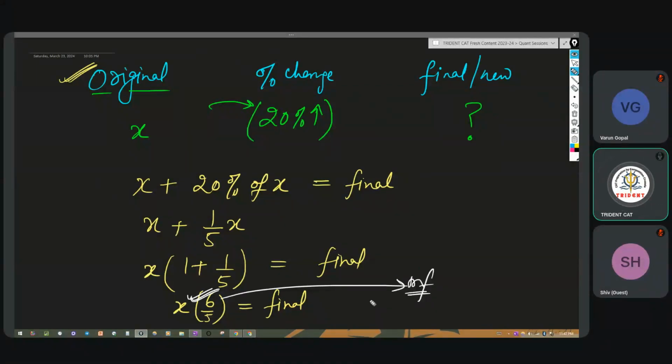This multiplying factor will be used everywhere. If you go to alligations, you will see a little bit of multiplying factor getting used. If you go to time, speed, distance, you will find a multiplying factor. Basically, anywhere percentage increment or decrement is happening, you can see the multiplying factor. We cannot directly add percentage values, because again, I'll reiterate, percentage values are always relative.